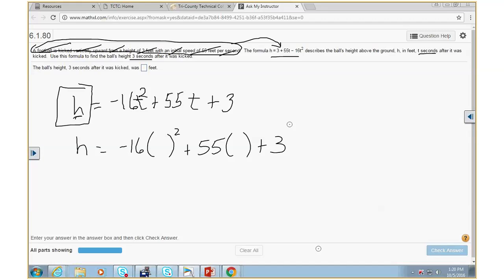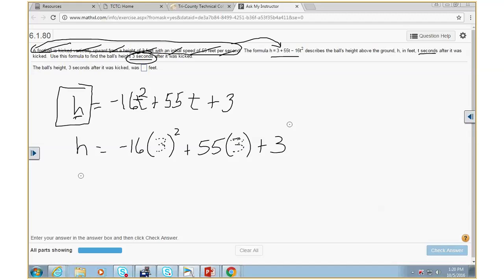Then plug in 3. The reason I'm dotting it in is because that's what we're given. Don't get it confused with this 3 right here. That dotted in 3 comes from right here. This 3 comes from the 3 foot height. So don't get those confused.